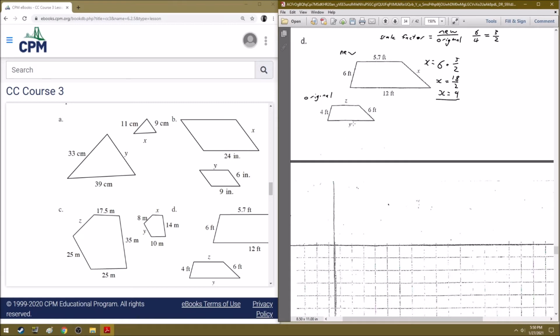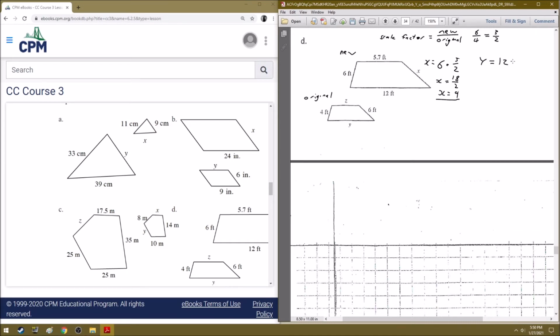Alright, so we can find the answer for x. But for y and z, we only know the side lengths on the new shape. So instead of multiplying by the scale factor, we want to undo the dilation and go from the new shape to the original. So we're going to divide by 3/2 instead of multiplying by it. So let's start with y. We know that the side length on the new shape is 12 feet.